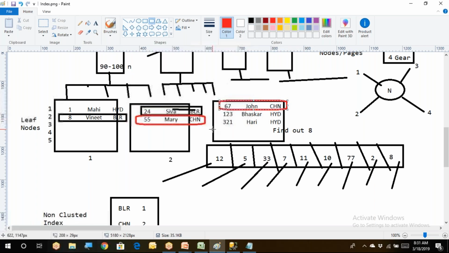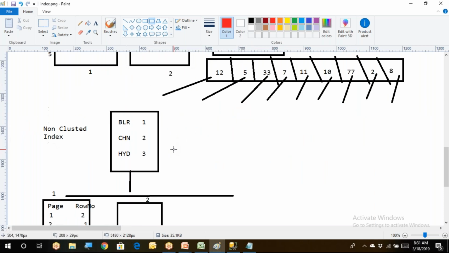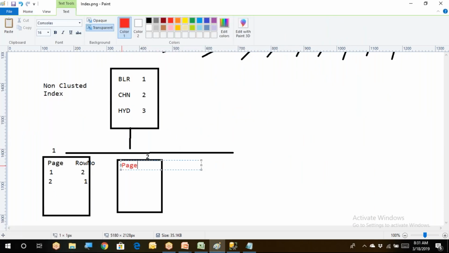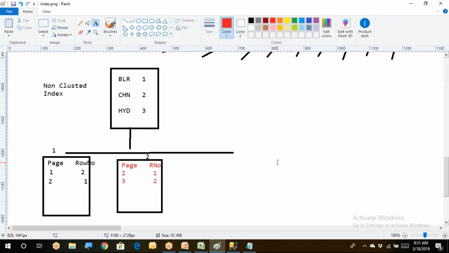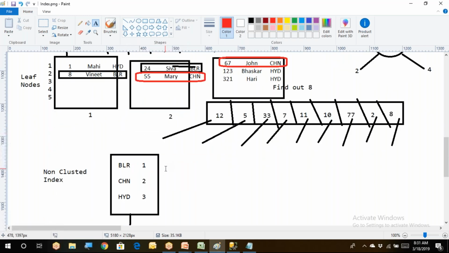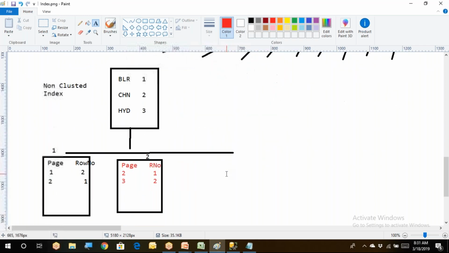Chennai is available, so let me write the page number and row number here: page number 2, row number 1, and page number 3, row number 2. Something like this. Page number 2 and 2, and 3 and 1. So here I have to say 2 and 2.